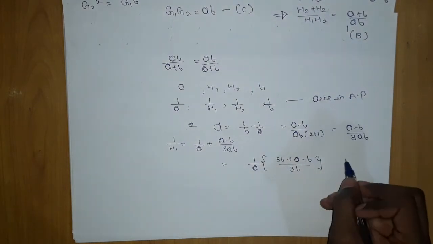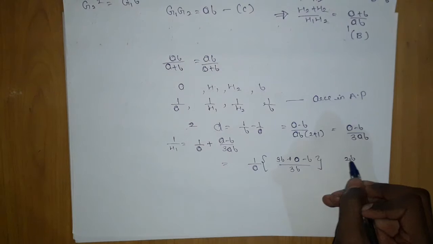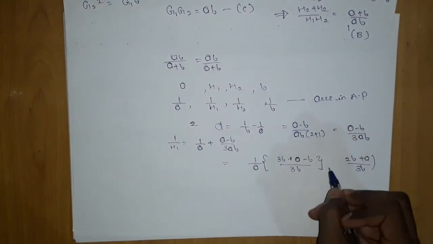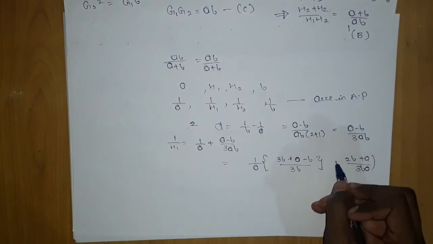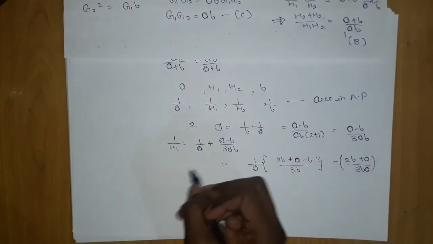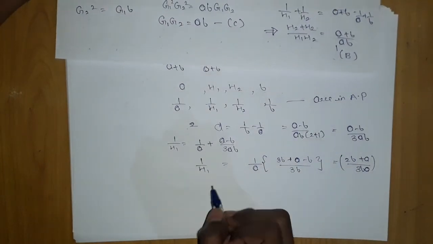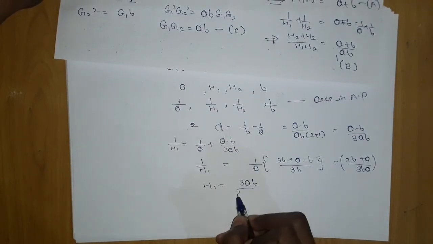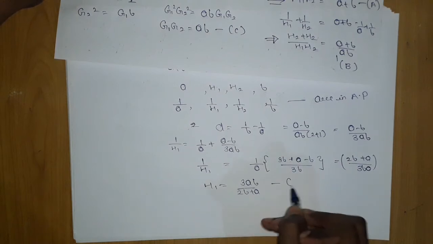The b will cancel out, so 2b plus a upon 3b. This a will combine with this and move inside. This is what we are getting, 1 upon h1. So if I want to get h1, it is nothing but 3ab upon 2b plus a. Let me call it c, d. Now let's move on to the next.